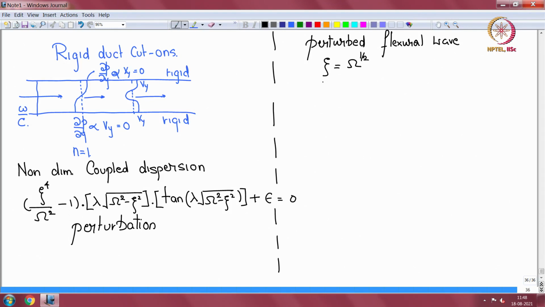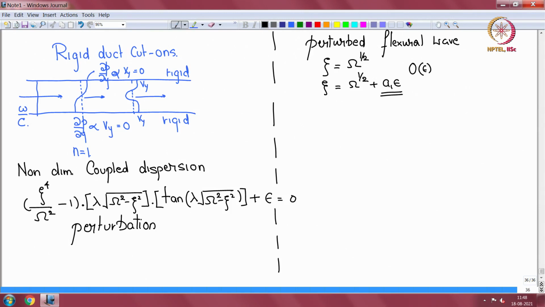So the coupled value is going to be omega to the power half plus a constant A1 into epsilon. It's like a Taylor series. This is a small quantity, an order epsilon quantity, that is the language of asymptotics.